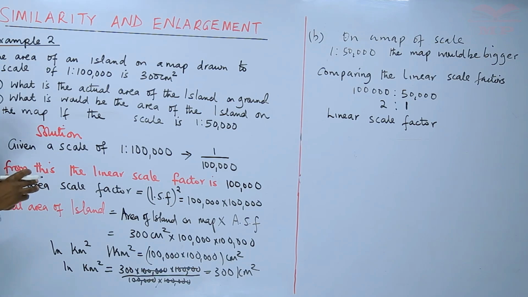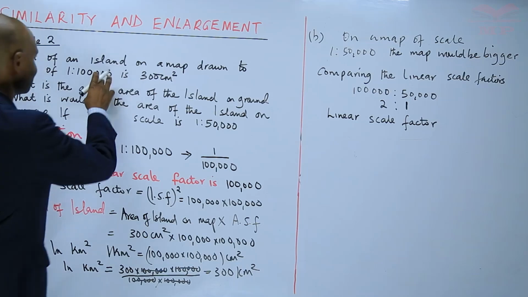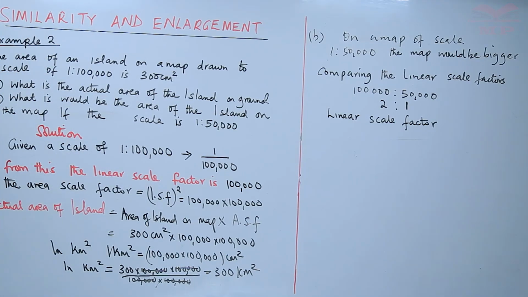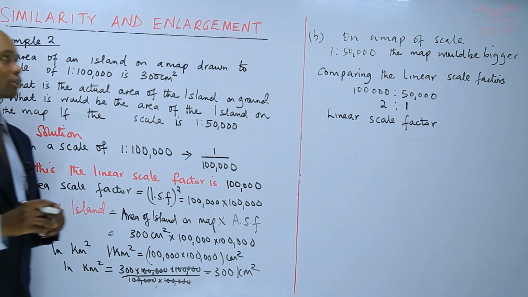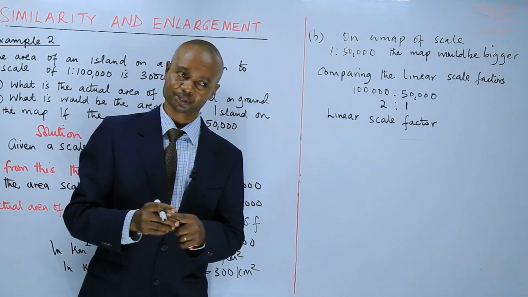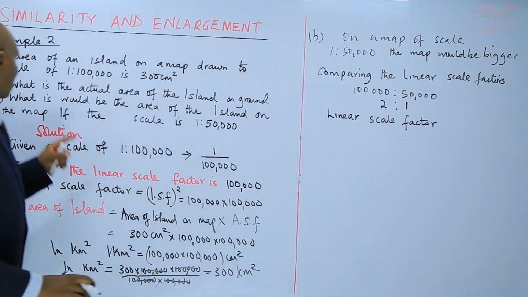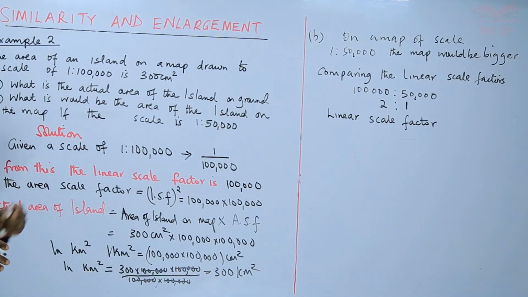So I've said the same map drawn to a scale of 1 to 100,000 and another one drawn to a scale of 1 to 50,000. That one drawn to 1 to 50,000 would look bigger because one part is representing 50,000 here, and here it is more fractionalized, made much smaller.